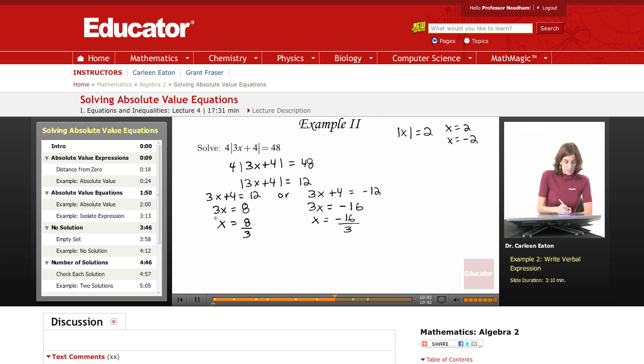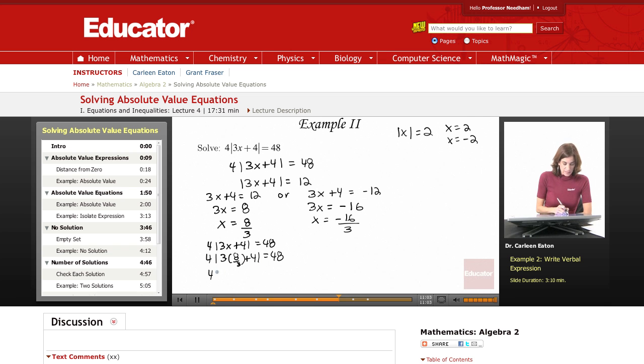Now, check each of these in the original, which is 4 times the absolute value of 3x plus 4 equals 48. First checking this one: 4 times the absolute value of 3 times 8/3 plus 4 equals 48.